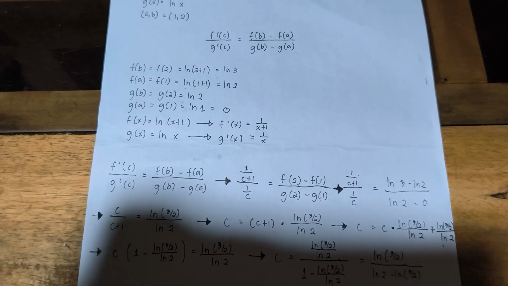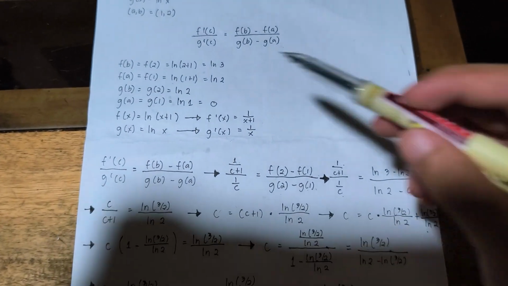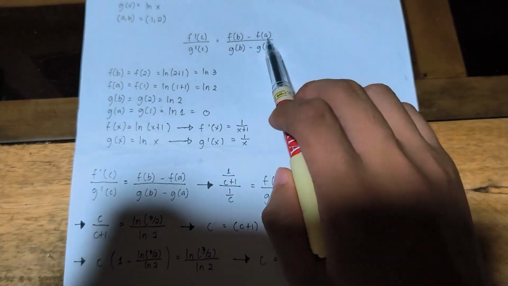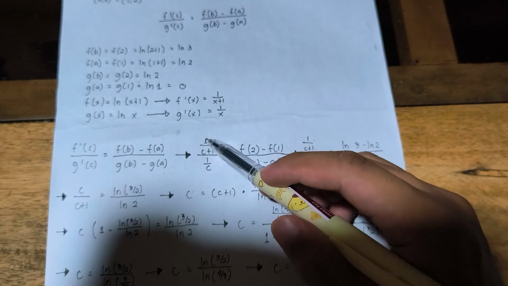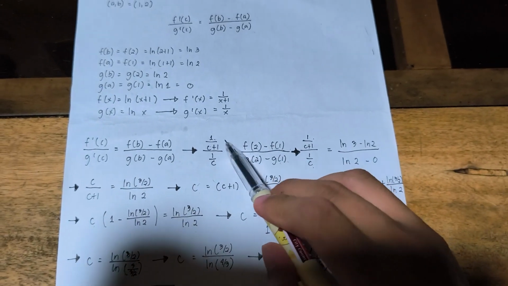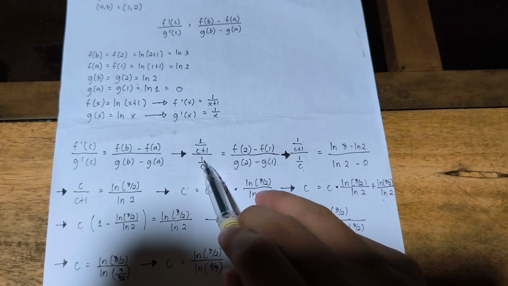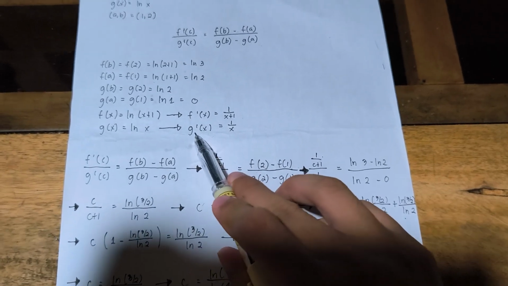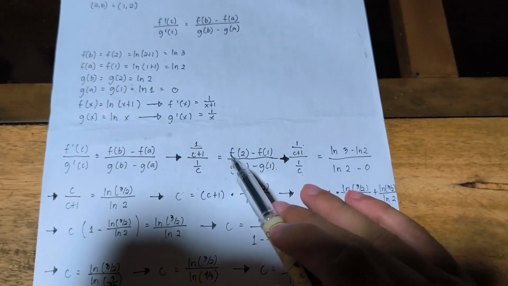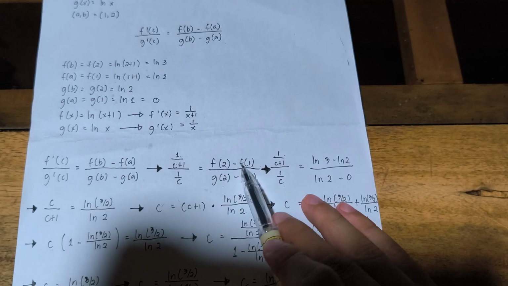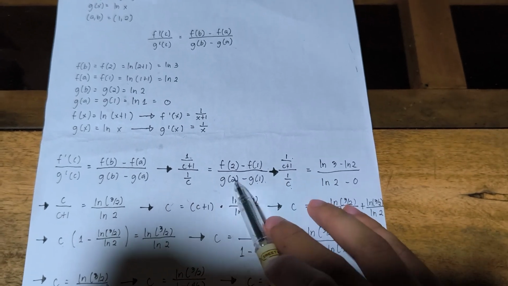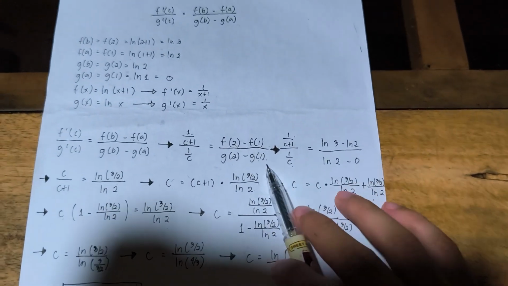Then after that, we substitute all of these into the theorem. So it becomes 1 over c plus 1, which is f prime, divided by 1 over c, which is g prime, is equal to f of 2 minus f of 1 over g of 2 minus g of 1.